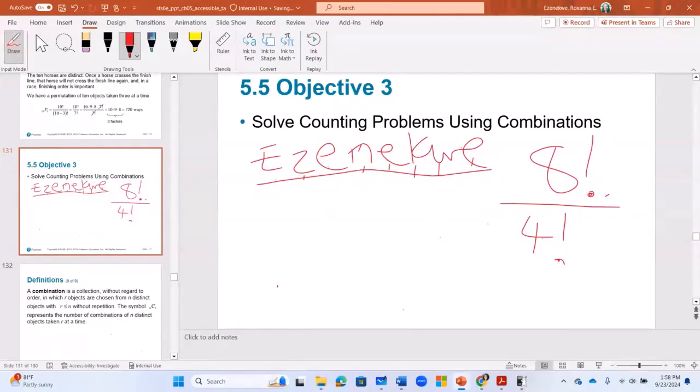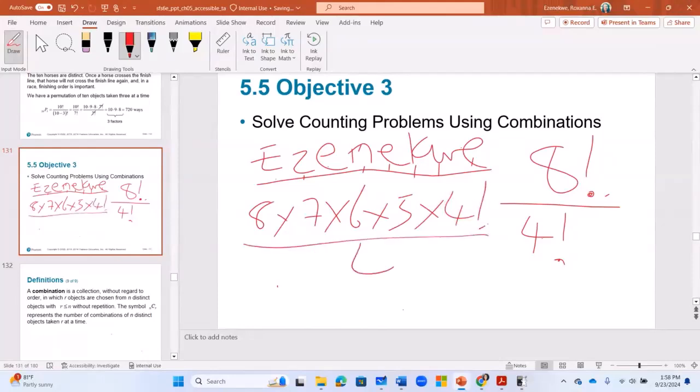If none of them repeats, you just have 8 factorial. So now I can say 8 times 7 times 6 times 5 times 4 factorial, divided by 4 factorial. The 4 factorials cancel. Therefore, there are 8 times 7 times 6 times 5 different ways of arranging my last name.